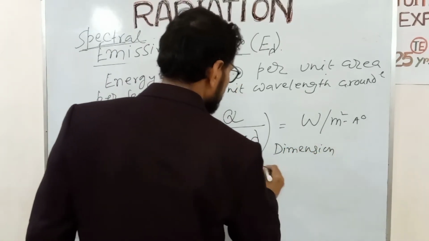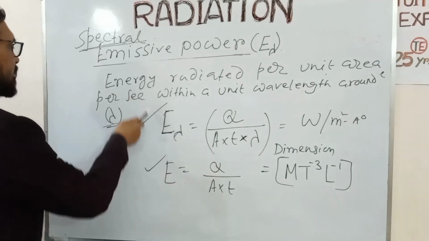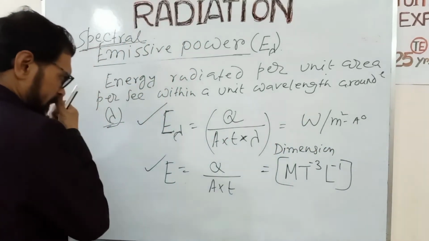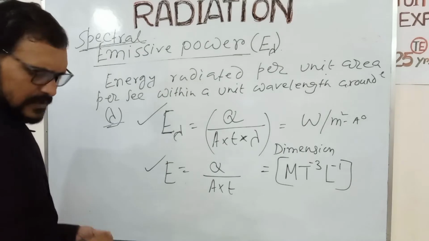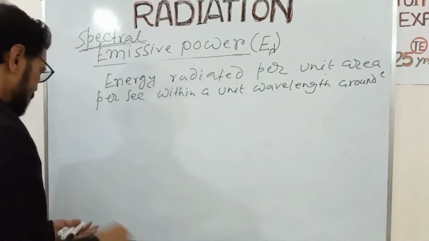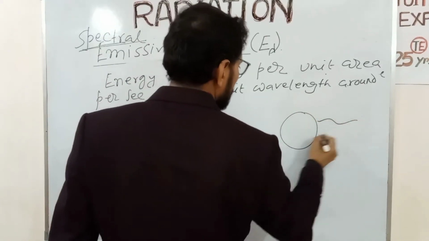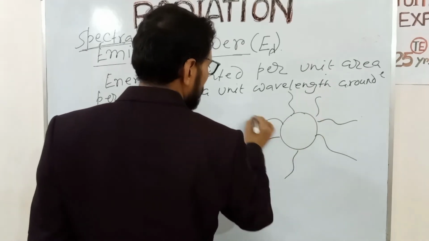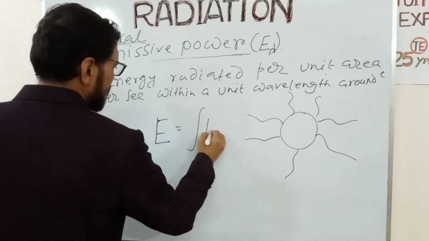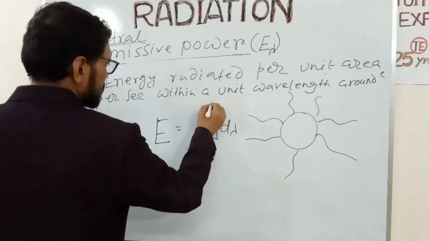The dimension will be M T to the power minus 3 L to the power minus 1, because wavelength has the dimension of length. Now, as a hot body radiates all wavelengths, we can define E equal to the integral of E lambda d lambda from 0 to infinity.